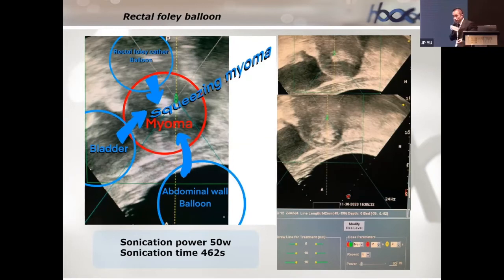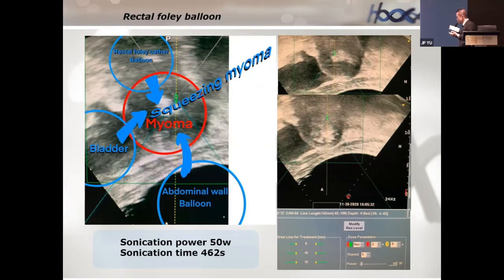Whenever I treat uterine fibroid, I always use Sonazoid. This Sonazoid and the rectal polyballoon make it much more effective, so I can treat with extremely low power, 50 watts.